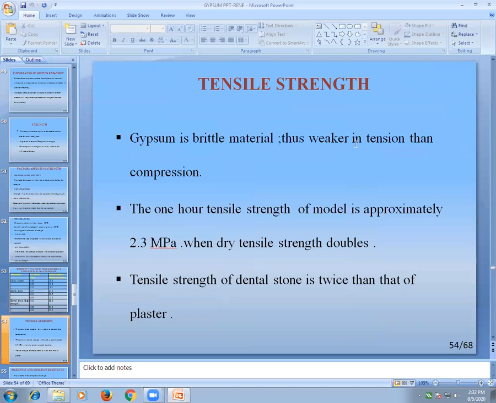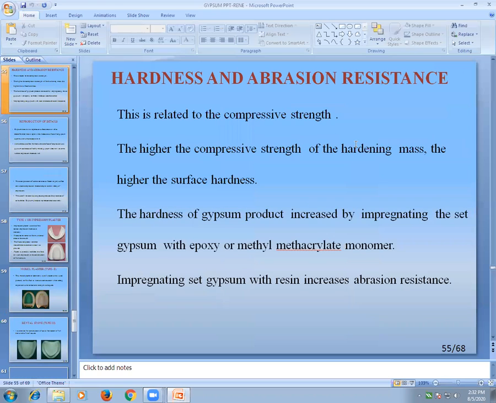Then tensile strength. Gypsum is a brittle material, thus weaker in tension than compression. The tensile strength of the model plaster is approximately 2.3 MPa. When dry, the tensile strength doubles. The tensile strength of the dental stone is twice that of the plaster.